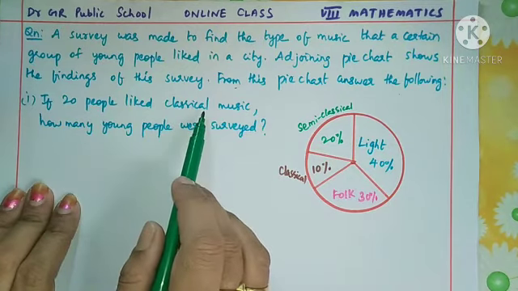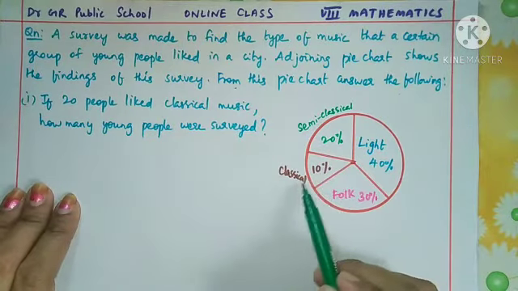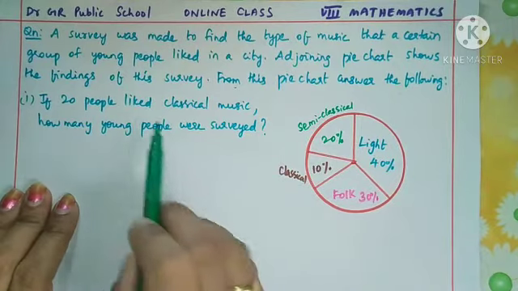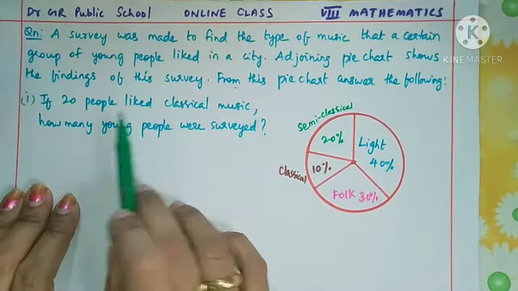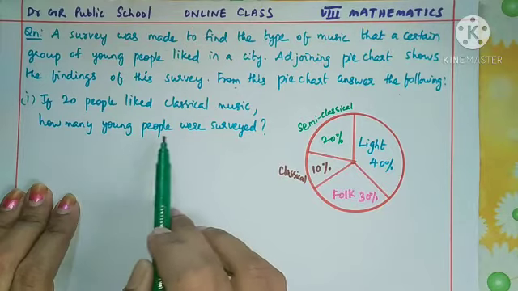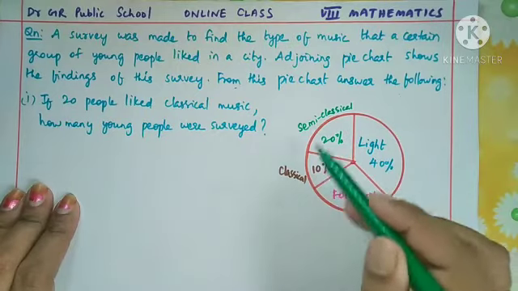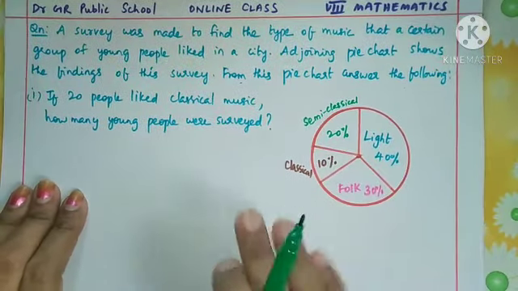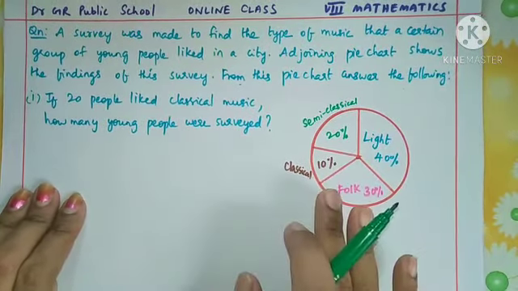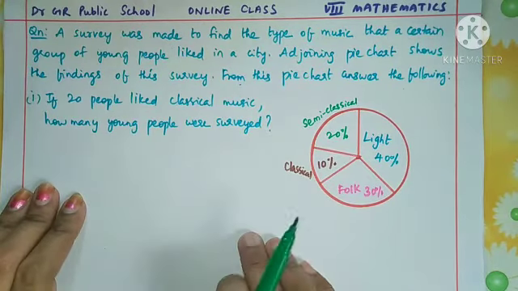What is the percentage given for classical? 10%. So it is asked, when classical music is liked by 20 people, can you find out how many young people were surveyed? Means in this total survey, how many people participated? How many young people are there in total in this survey?